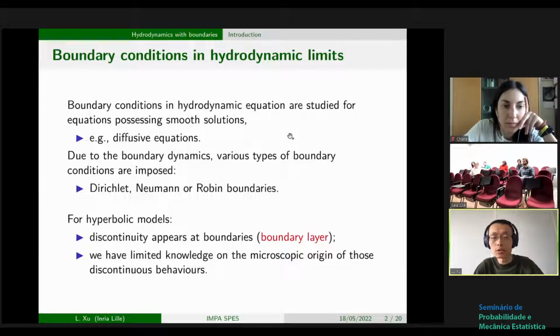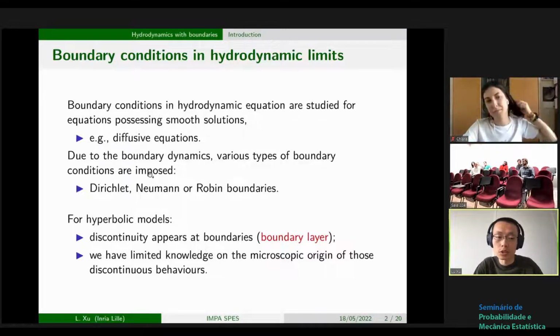And for this problem, if the macroscopic equation has a smooth solution, for example, the diffusive equation, then this is quite well understood. And we know that due to the strength of the boundary dynamics, we can have various types of boundary conditions, such as the Dirichlet one, the Neumann one, or the mixed one.